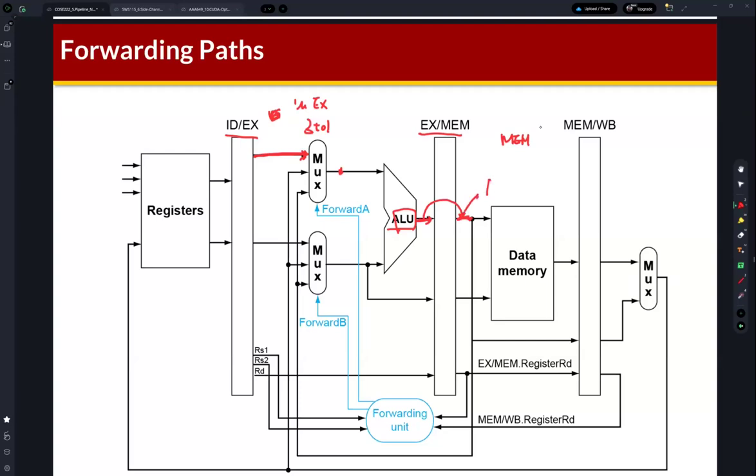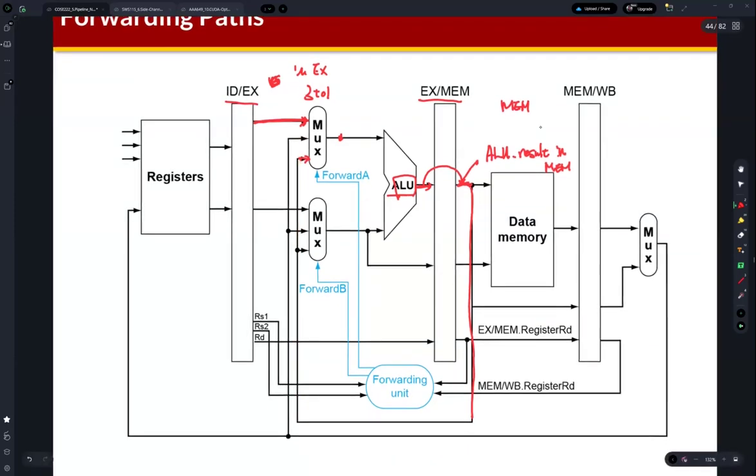This is the ALU result in the memory stage, right? So this can be connected to this input port.